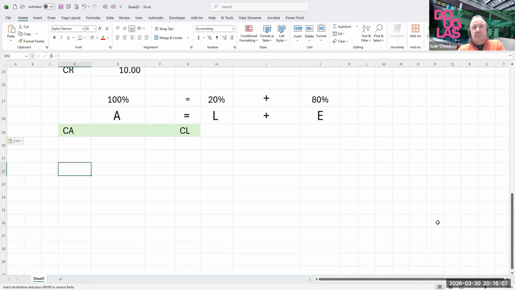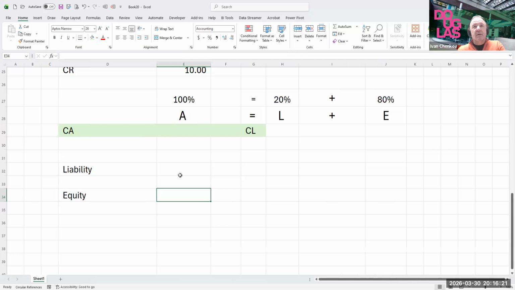So now, the first year, I have liability and I have equity, which give me 100%, no questions about it. So my liability, let's say, is 50,000. And my equity, I'm just improvising with the number, is 45,000.